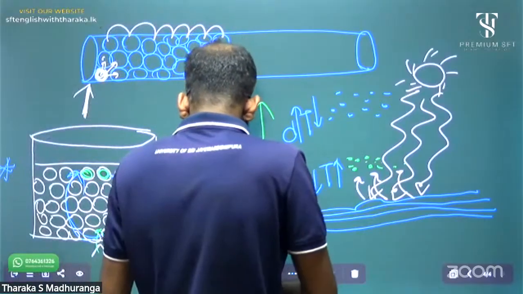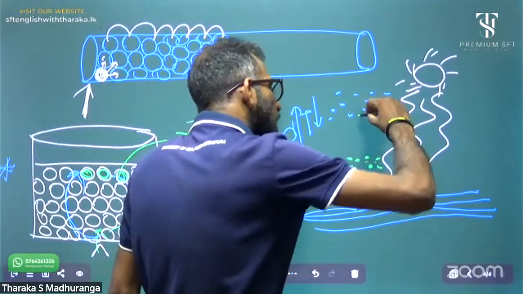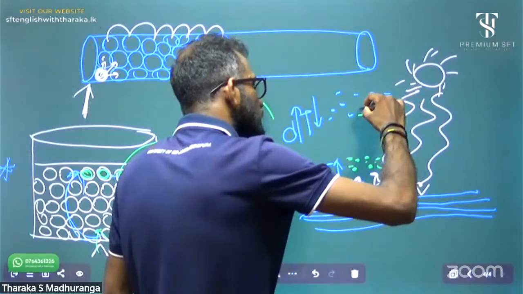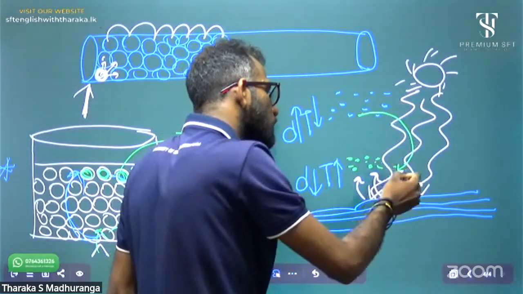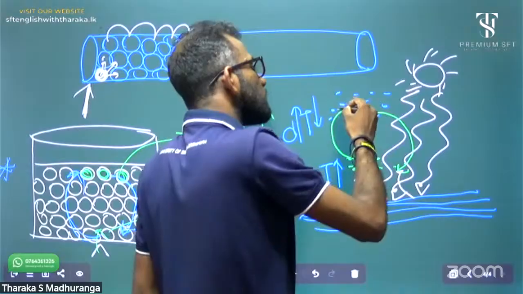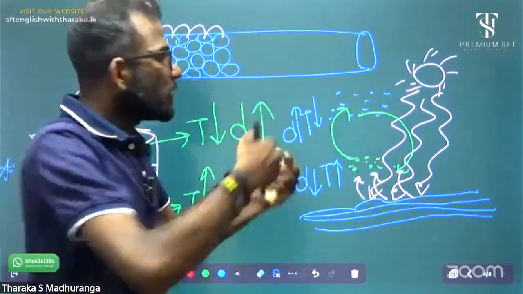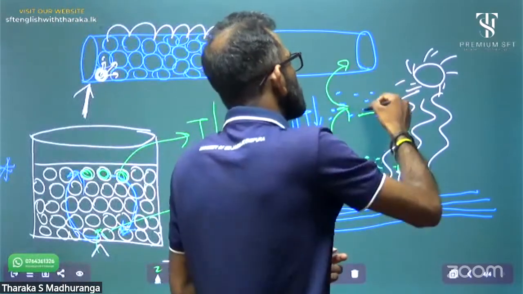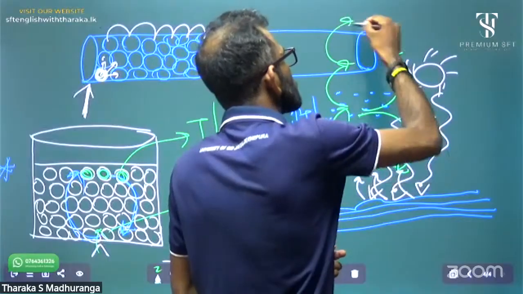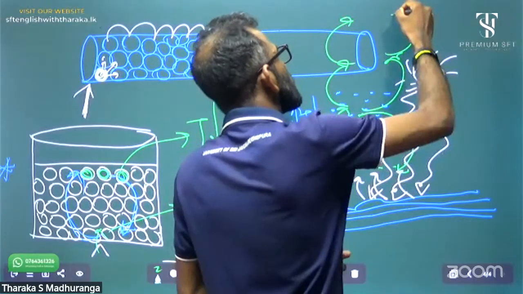Now these high density gas molecules go down and low density water molecules go up. Then again the same thing happens. That is the method by which water vapor goes to the upper atmosphere.